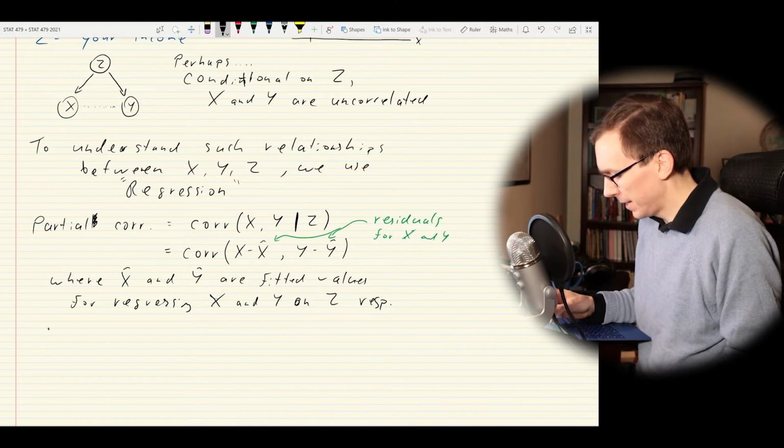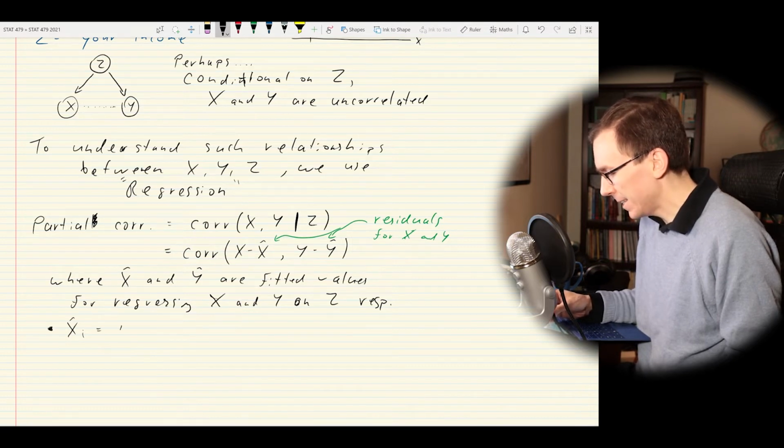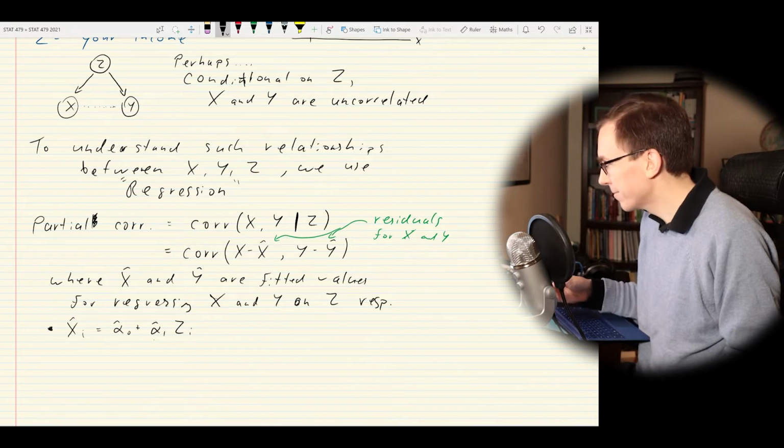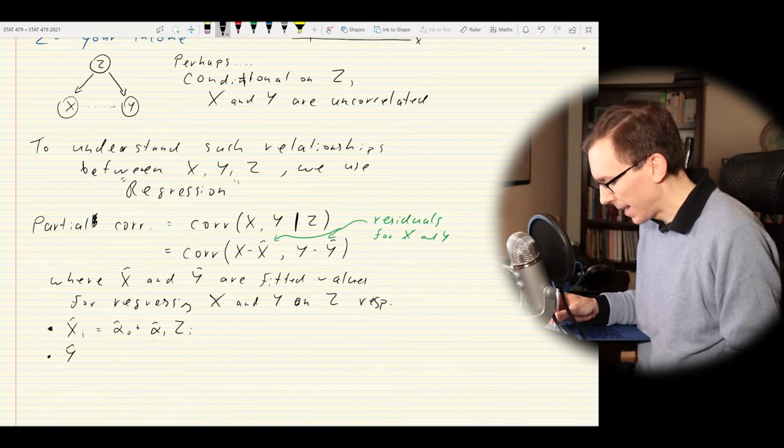Specifically, I should write out that we would have two linear models. We would have something that's going to look like x hat i is equal to, we'll say, alpha hat naught plus alpha hat 1 z i. And we're going to have y hat i, which can be beta hat naught plus beta hat 1 z i.